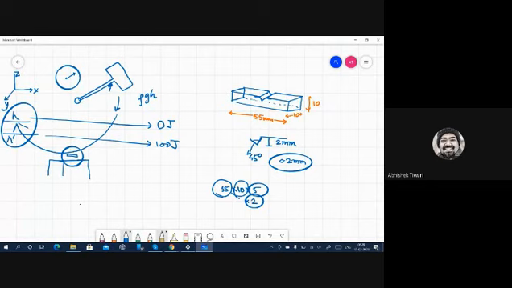But the most common application of this kind of testing is for steels. Now it is also used for polymers, but not Charpy. There is a different form of impact testing for polymers. But for metallic materials, this is a very old, almost ancient, and still used kind of testing.